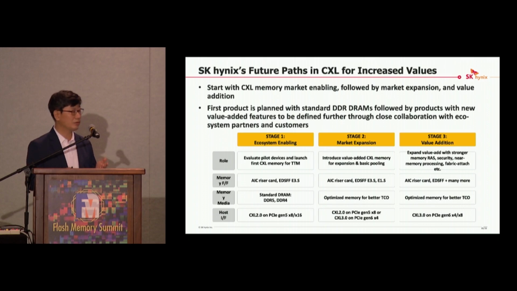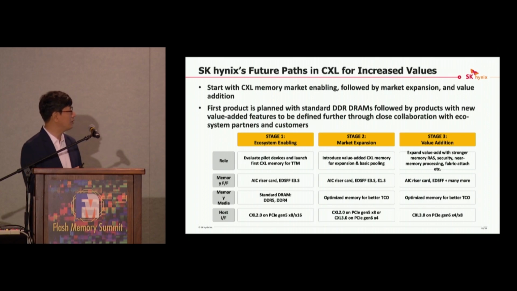Once this ecosystem is enabled, then the market will grow and expand. And once it's expanded, this gives us more opportunities to introduce diverse types of memory solutions. I won't go through all of the details line by line, but I would like to mention that the first product is planned to be with standard DDR5 DRAMs, followed by products with new value-add features.